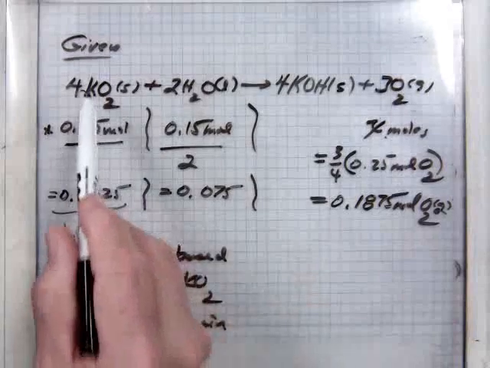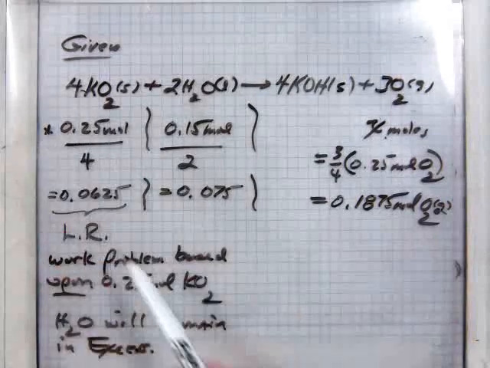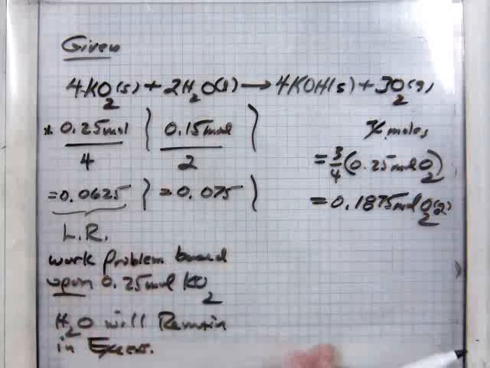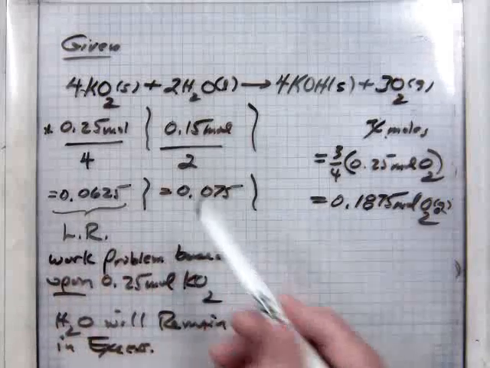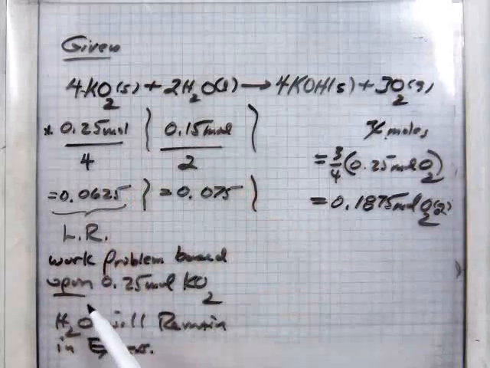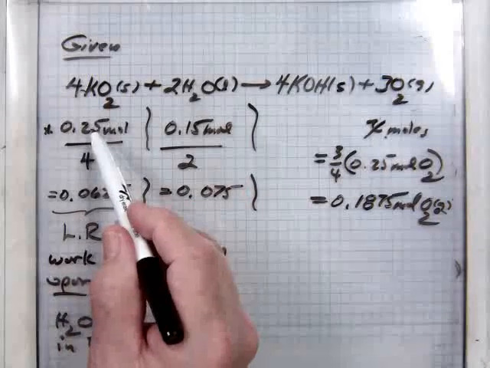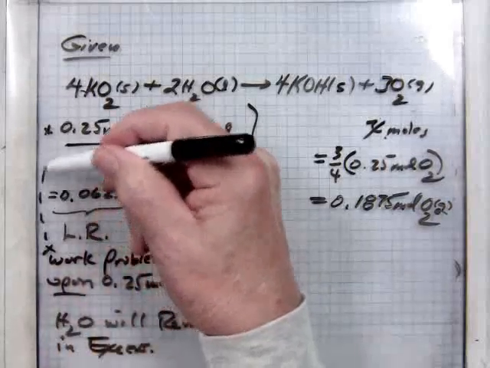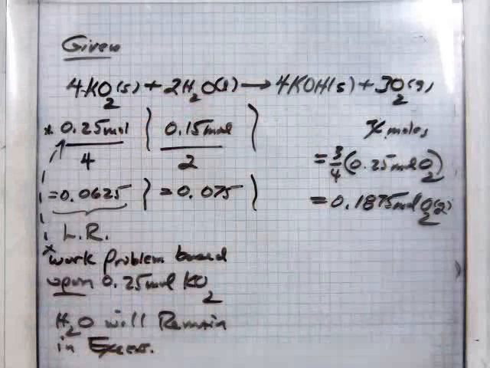And once you get that to 1, that would be the limiting reagent, or whatever you convert. But this is the easiest way to deal with it. The smaller number after you divide by the respective coefficients. Then work back, like I told you, go back up to the 0.25 or whatever's given and work the problem from there.